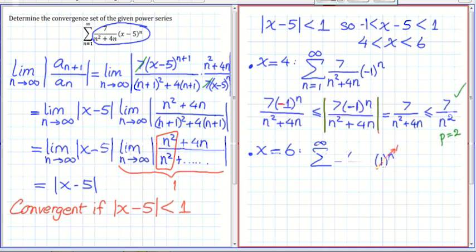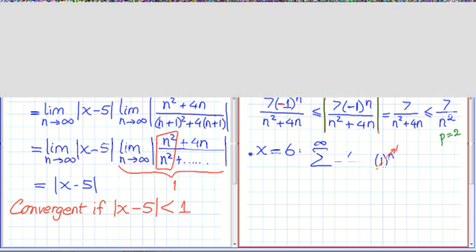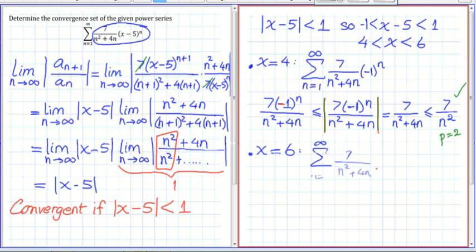Or we don't even need that term. The series of this term is convergent, so this one is convergent already. So previously we said that x equals 4 is convergent. So here x equals 6 is also convergent.